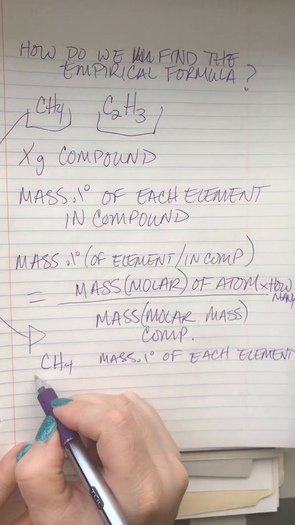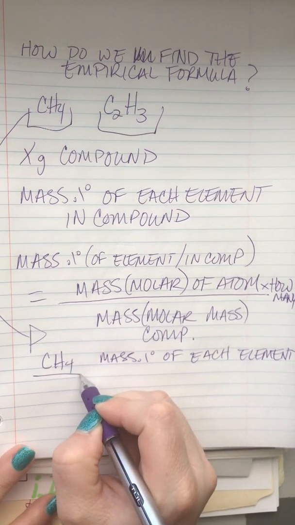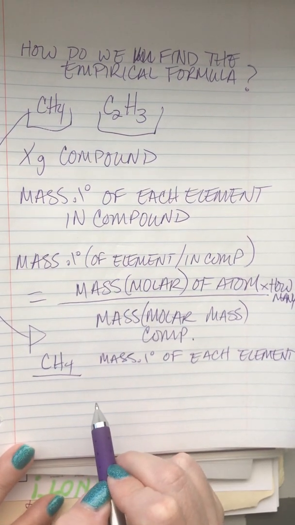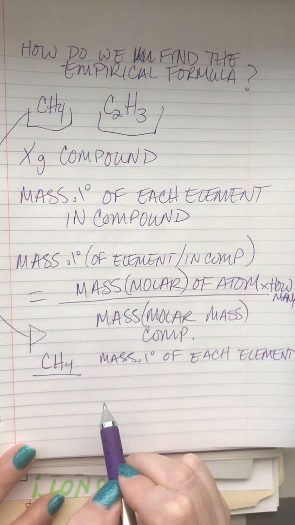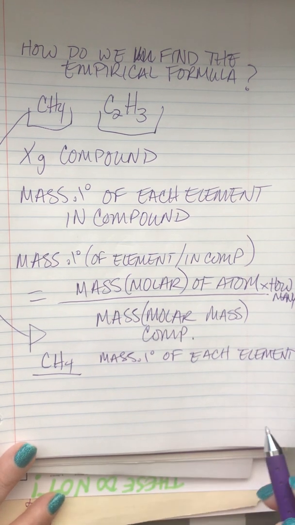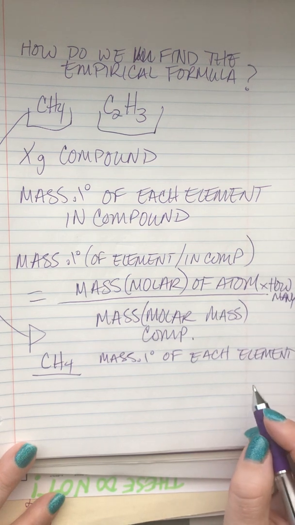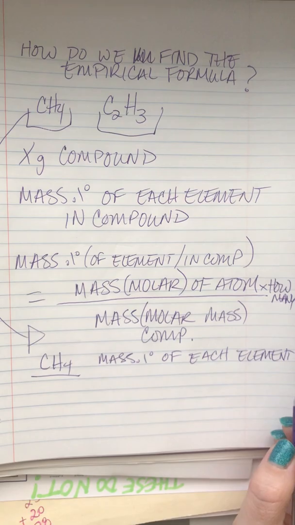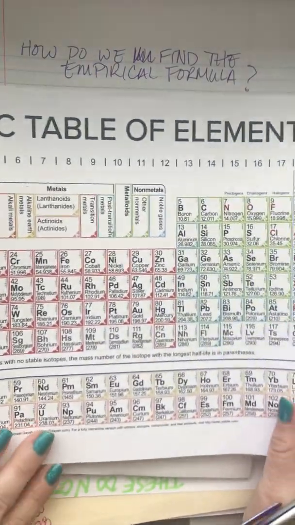So we first have to find the molar mass of methane. That would be the atomic weight. Yes, exactly. So that's going to come from the periodic table.